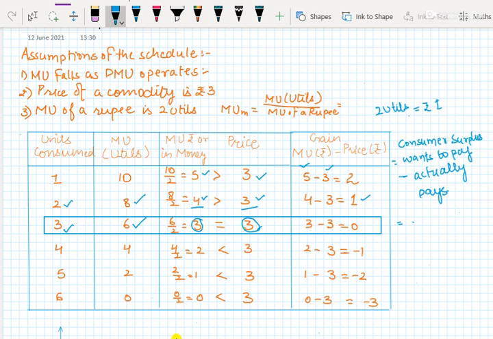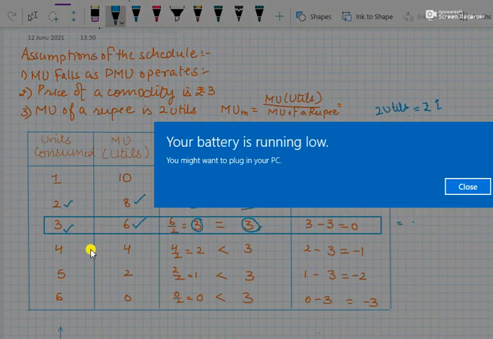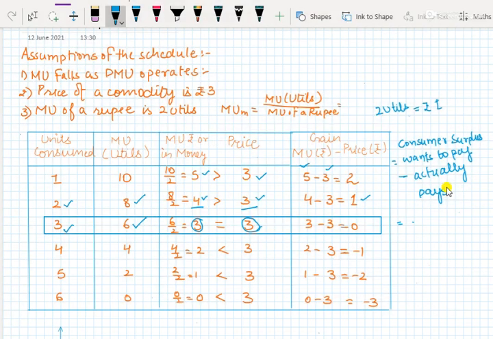Suppose he increases his consumption further, what will happen? The fourth unit is giving him 4 utils, and 4 utils are equal to rupees 2 for him, but he is paying rupees 3. It means he will be at loss.